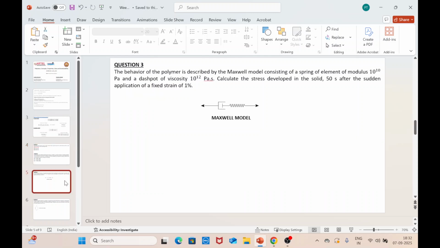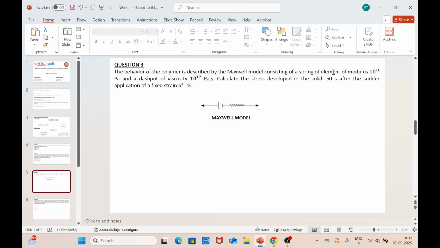Now let's move towards something more, I think, just kind of like using the formula and then calculating the stuff. So this question is like, the behavior of the polymer is described by the Maxwell model consisting of a spring element of modulus 10 power 10 Pascal and a dashpot of viscosity 10 to the power 12 Pascal second.